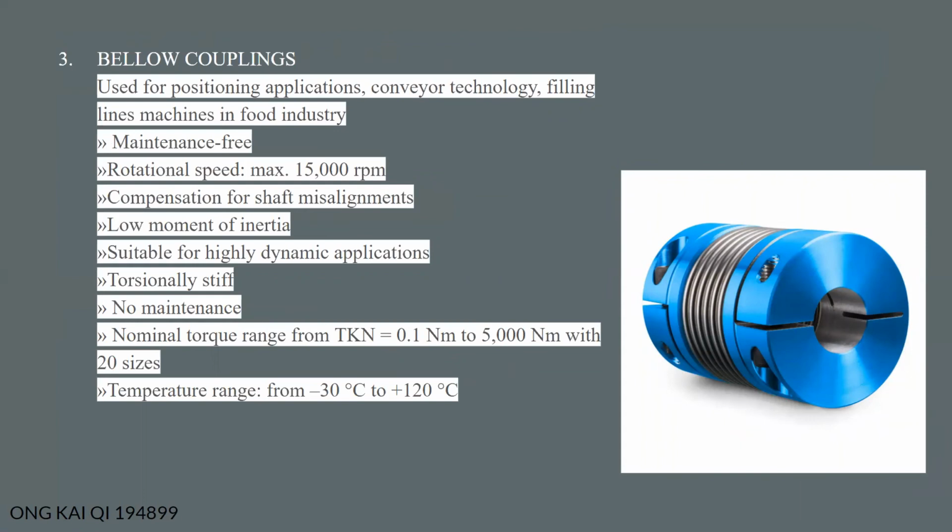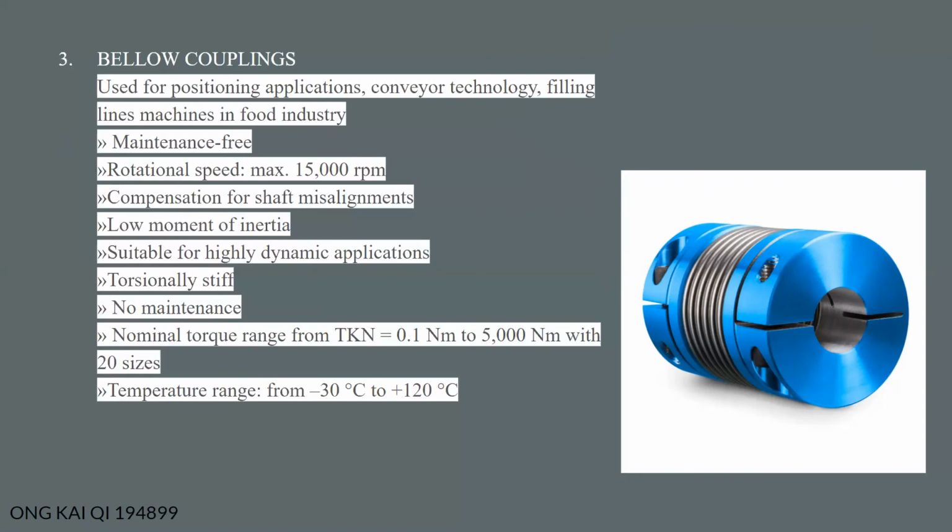The third type is the bellow couplings. They are used for positioning applications such as conveyor technology, filling lines, and machines in the food industry. For this type of coupling, the rotational speed is a maximum of 15,000 RPM. It can also compensate for shaft misalignments, has low moment of inertia, is suitable for highly dynamic applications, and is torsionally stiff.